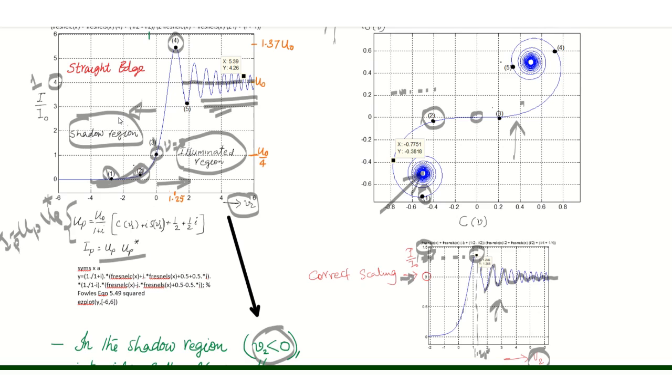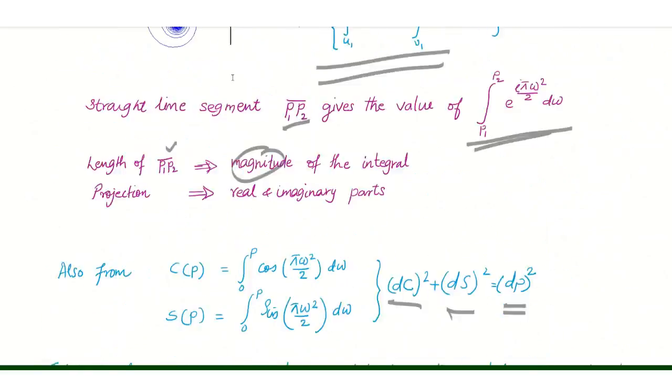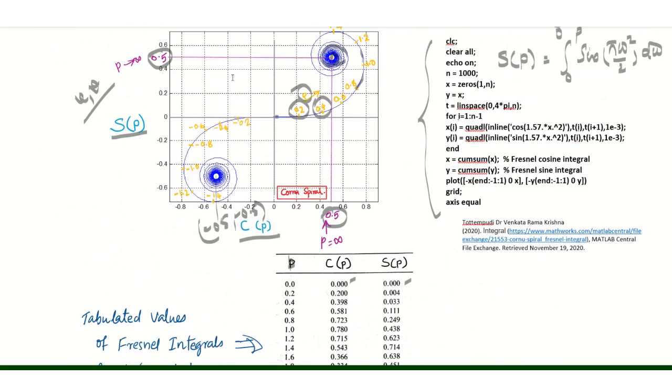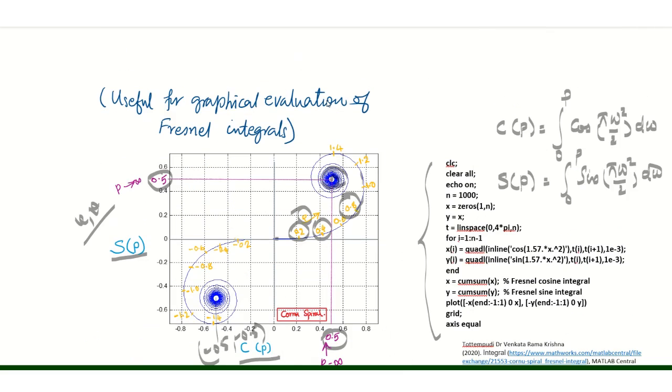Okay, 1.25. Here on the x and y axis, you have CV and SV. These are not the values we are looking at. What we are looking at is the value here. 1.25 is somewhere here.